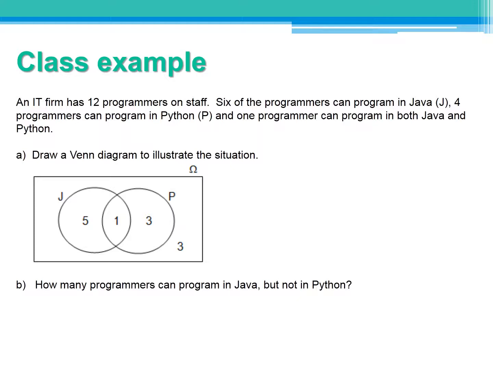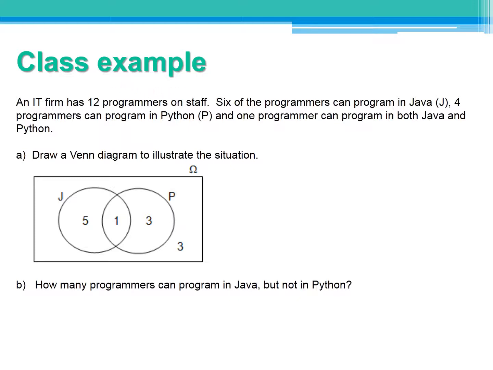So the 1 programmer that can program both in Java and Python will be part of your Python event. So the Python only part will consist of 3 programmers. If you add the numbers in those 3 sections, you will get 9. But I told you that there's 12 programmers in total on staff.